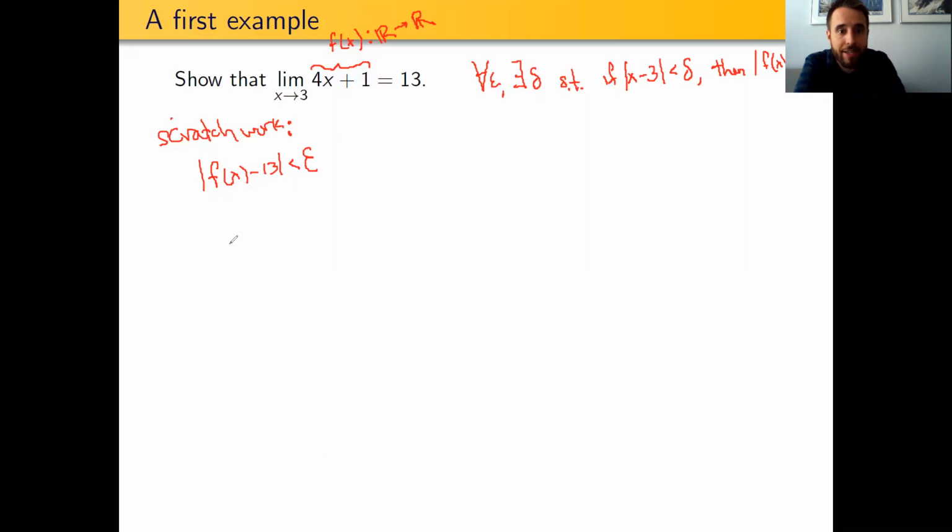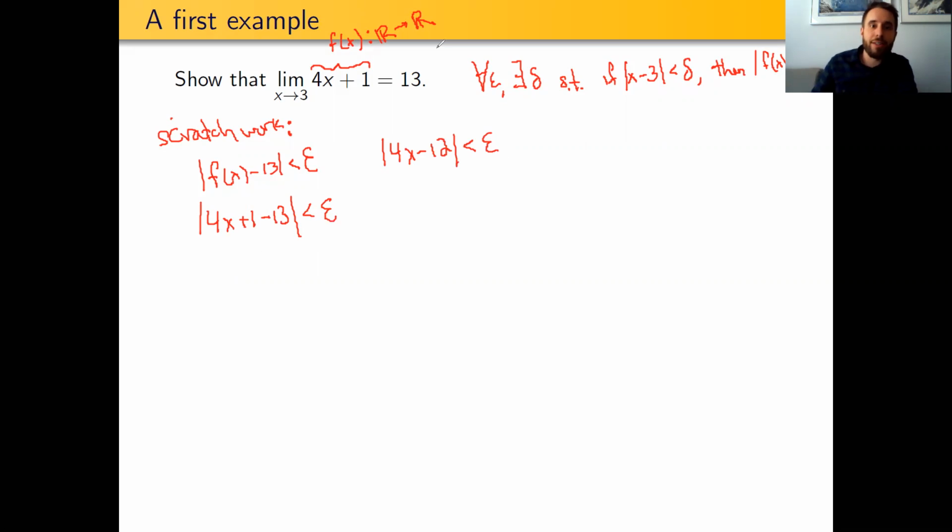So to say f of x minus 13 is less than epsilon, that is equivalent to saying 4x plus 1 minus 13 is less than epsilon. And that's equivalent to absolute value of 4x minus 12 is less than epsilon. Now we start to see that this expression is actually kind of similar to this expression. It's just multiplied by an additional 4.